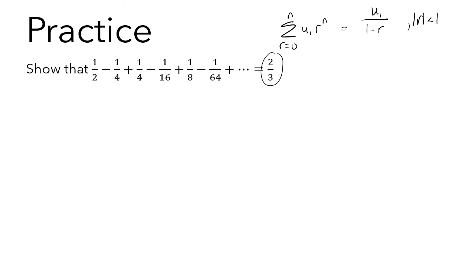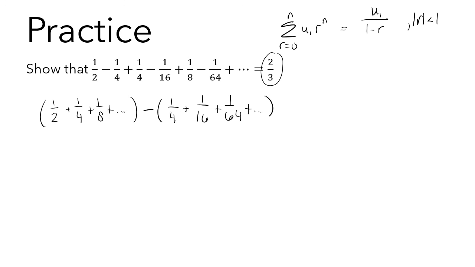So we need to prove that this is true. And it's not going to be easily seen in this form. So let's actually regroup the terms. Here I'm going to write just the positive terms, 1/2, 1/4, 1/8, and so on, minus the negative terms, 1/4, 1/16, and 1/64, continuing on.